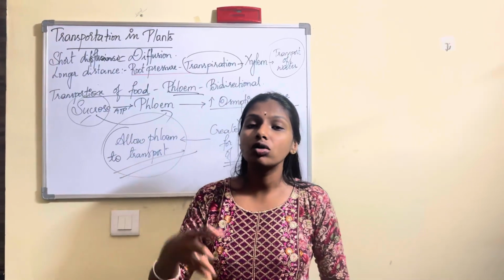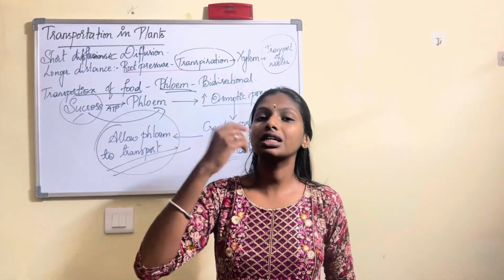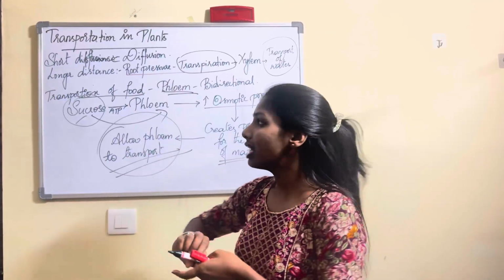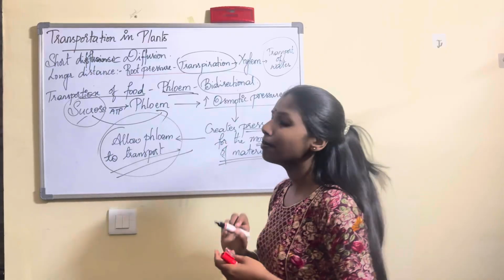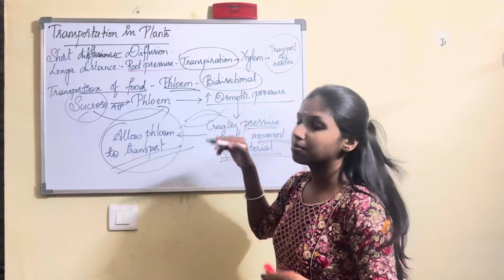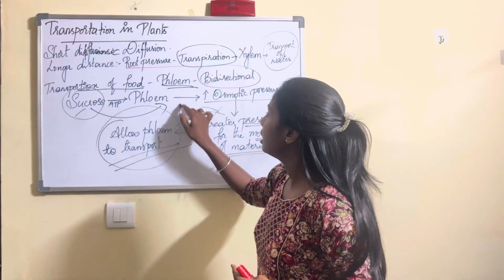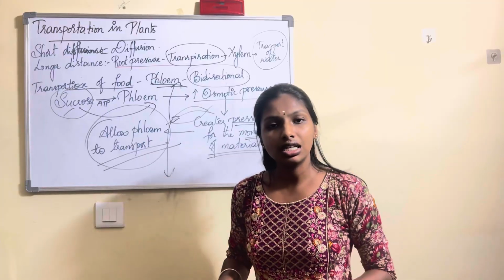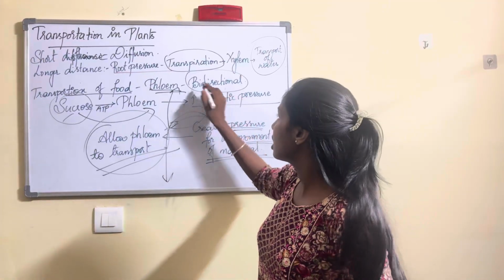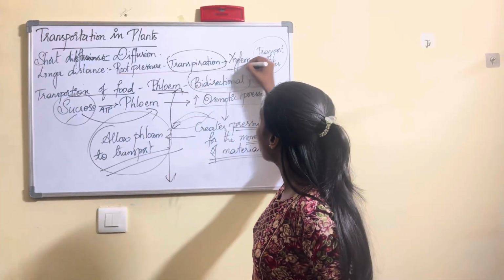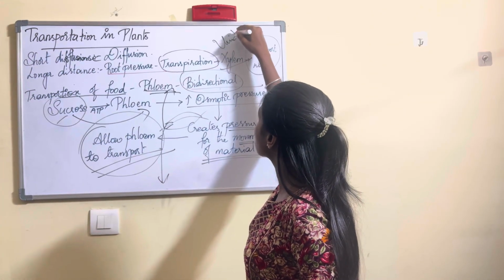This is how the phloem transports these soluble materials in two ways. That is the reason I have written it here as bidirectional. For example, here there is a leaf. It has prepared some food. That food needs to be transported to the shoot tip as well as the root tip. That is the reason the phloem shows bidirectional movement, whereas xylem shows unidirectional movement.